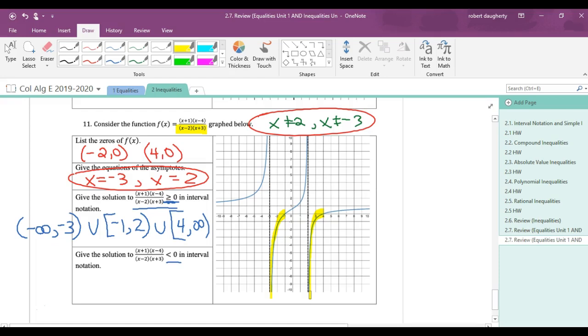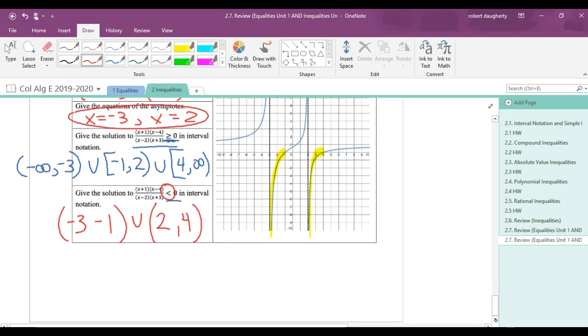So the first interval is from -3 to -1. The asymptote is always going to have a parenthesis. The -1 is going to have a parenthesis here because of that strictly less than. So from -3 to -1, and then the next interval goes from 2, which is the asymptote, to 4. So that's where the graph is less than 0.